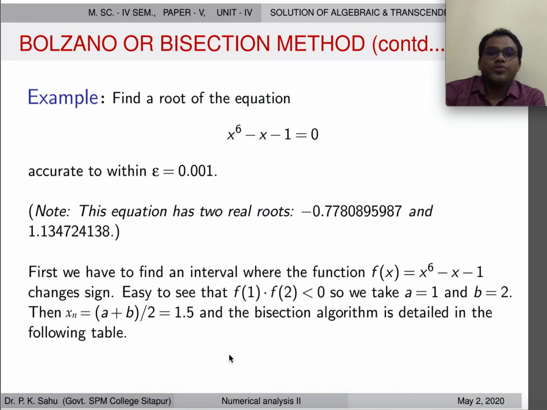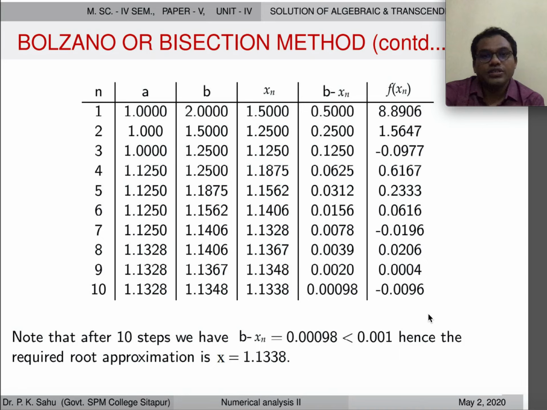Now to proceed with the bisection method, we divide the interval into half, meaning we find the midpoint of this interval and then proceed. We have shown this approximation or iteration process in a table. In the first step we have 1 and 2 as the interval, and the midpoint is 1.5. The difference b minus x is 0.5 and f(x1) is positive.